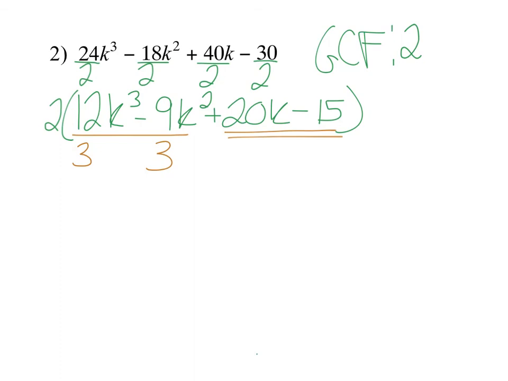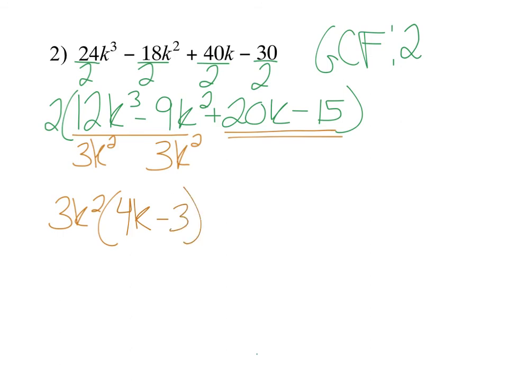And then I have k to the third and k to the second, so I can take out at most 2 k's, so k squared. If I take out 3k squared, I am now left with, from dividing here and dividing here, 4k minus 3.